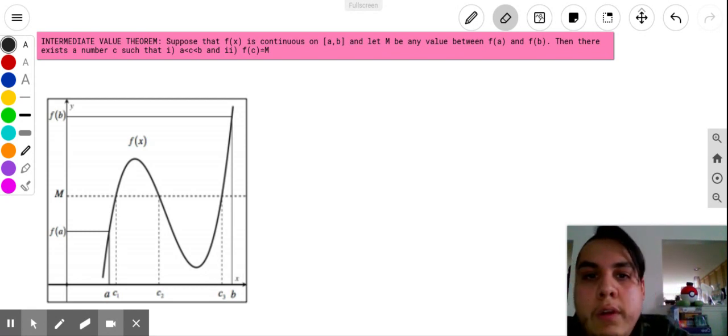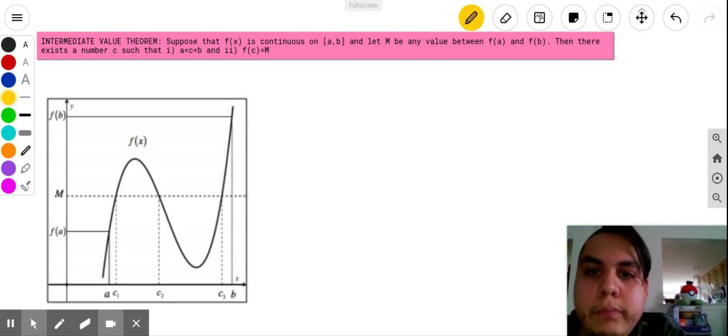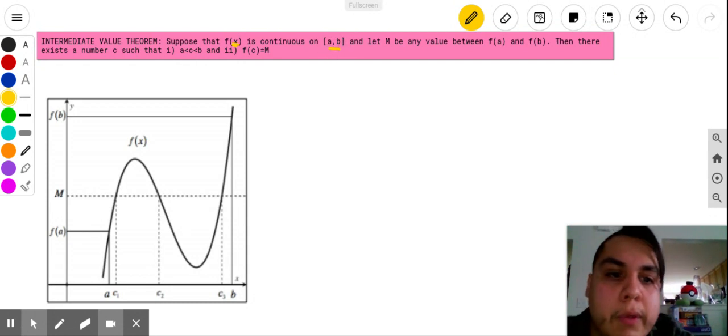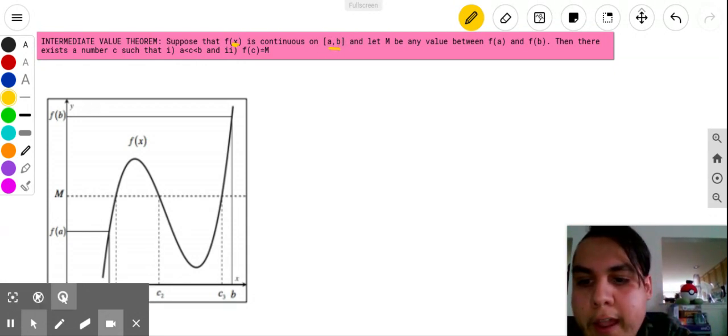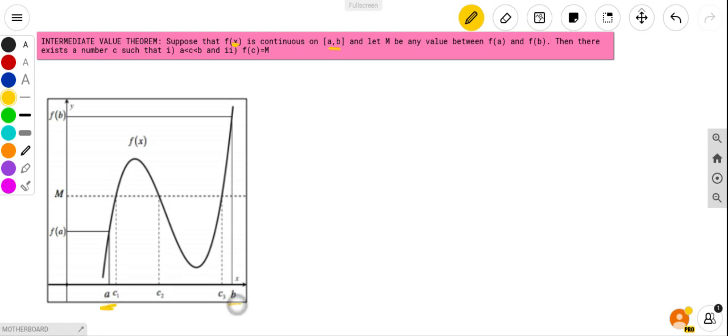So right now we have two things going on. We have the input dealing with the x value. So we have a and we have b, right? And there exists a number c.